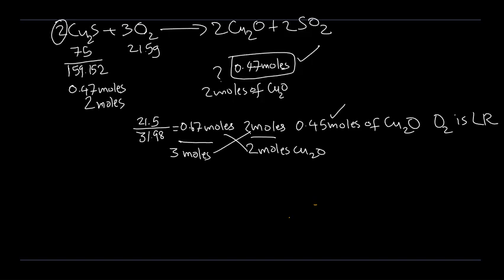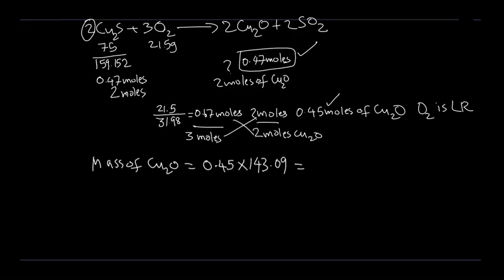To find the mass of copper 1 oxide formed, we just multiply the number of moles by the molar mass. We have to take the number of moles for the limiting reagent, because that decides how much product will form. So 0.45 times the molar mass of copper 1 oxide, 143.09, equals 64.39 grams of copper 1 oxide formed, or calculated.